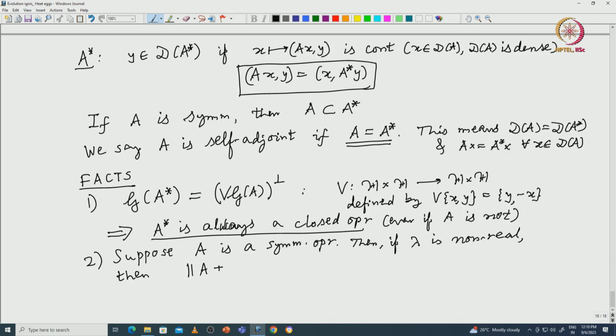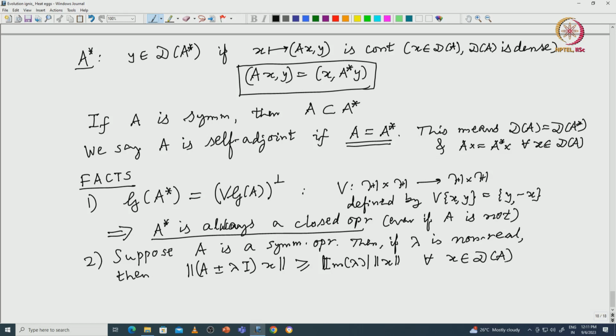is bigger than or equal to the imaginary part of lambda times norm x for all x in dA.